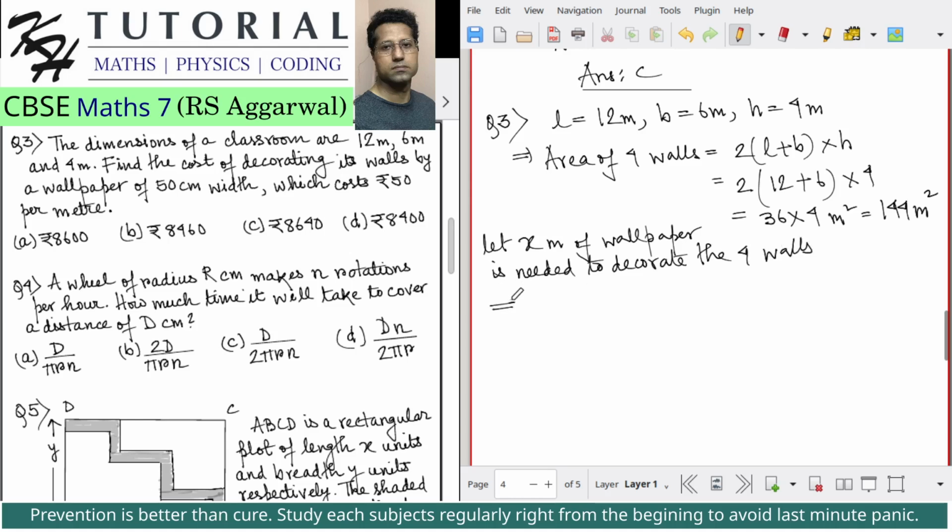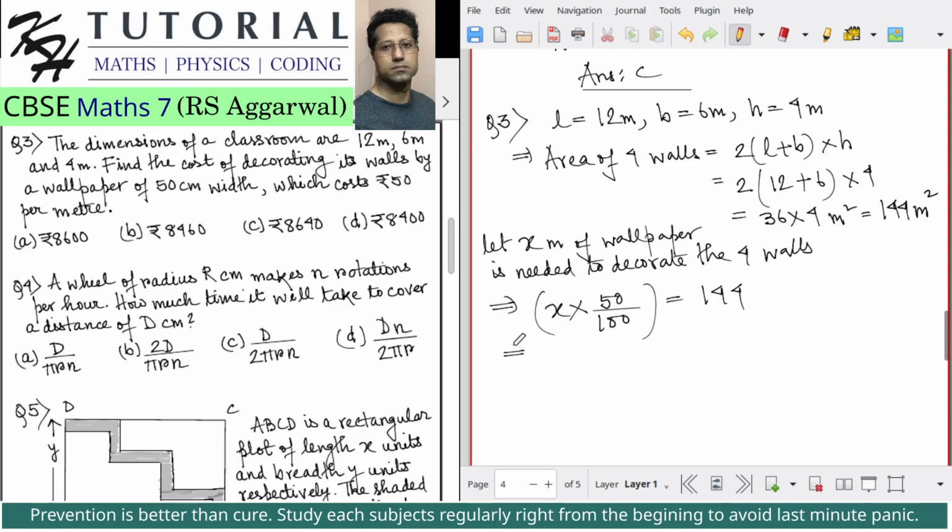So this implies that the area of the wallpaper will be x multiplied by the width of the wallpaper, which is 50 centimeter. Remember, the width is given in centimeter. So this will be 50 by 100, this much meter. So this is the area of the wallpaper. So this must be equal to 144.